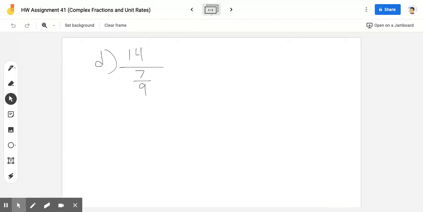Keep it going. 14 divided by 7/9. Another way to say it is 14 times 9/7. If you want to make 14 into a fraction, you can: 14 over 1.